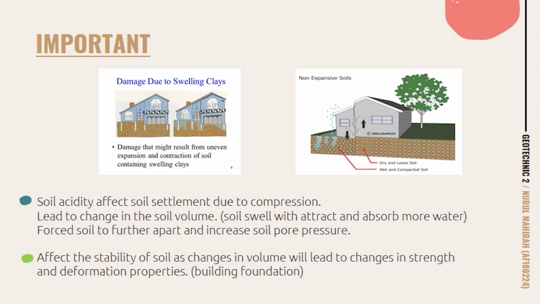The swelling soil will attract and absorb more water, which causes the soil particles to be forced further apart and leads to an increase in soil pore pressure. In addition, soil acidity will also affect the stability of soil, as the change in volume will lead to a change in strength and soil usage, for example cracks in building foundations.